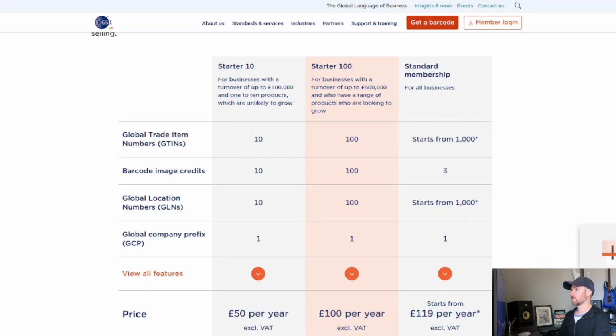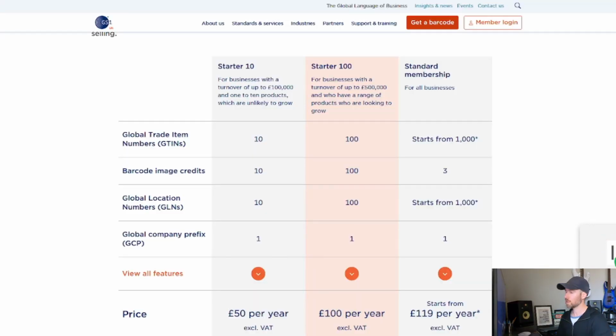The first one is called Starter 10, the second one is called Starter 100, and the last one is called Standard Membership. So what they actually describe here: the Starter 10 is for businesses with a turnover of up to £100,000 and 1 to 10 products which are unlikely to grow.